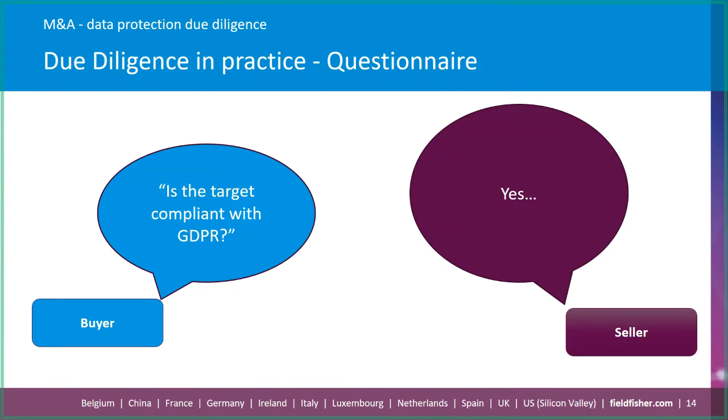Are there records of processing, and what do they look like? What's the legal basis for the processing? For example, if the processing is done on the basis of consent, is that valid consent? How is it collected? Have there been any breaches reported to the Information Commissioner's Office? If so, how many? Is there a record of breaches? So those sorts of questions will be really important.